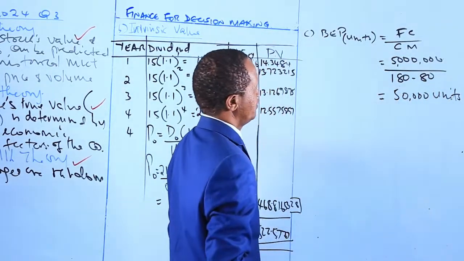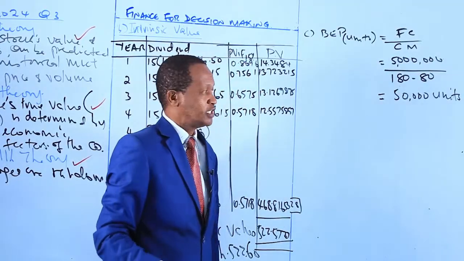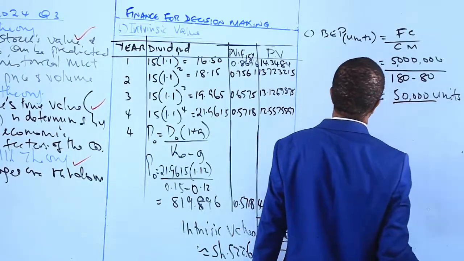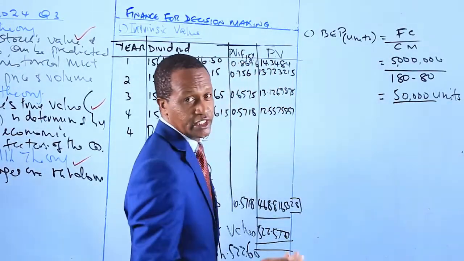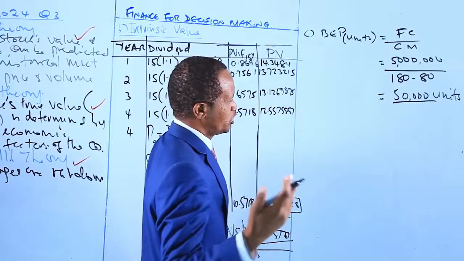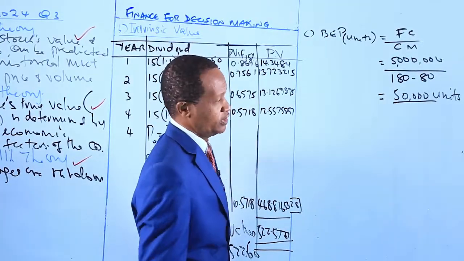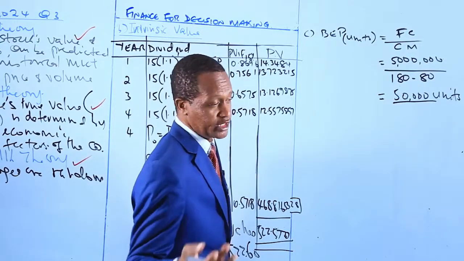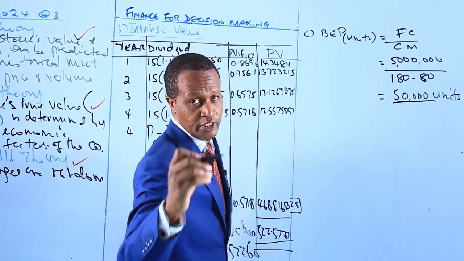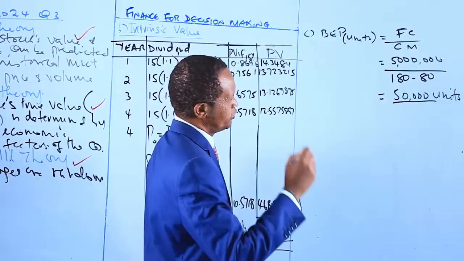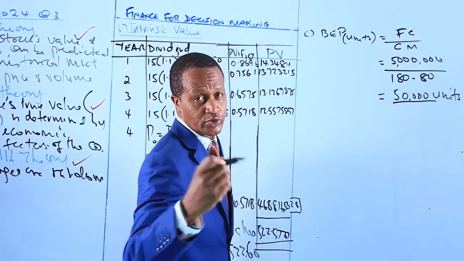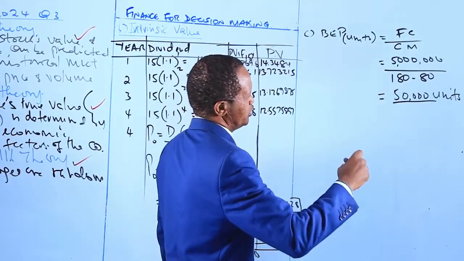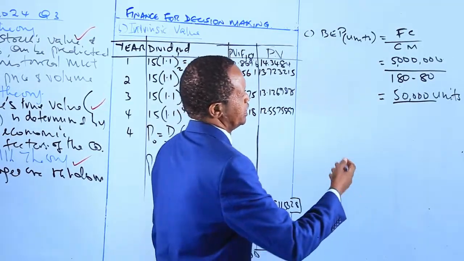Now, this is the break-even point in units. That means that if the company produces 50,000 units, the company will not make any profit, because at break-even point, profit is equal to 0, which means that the total cost equals the total revenue. We know profit is equal to total revenue minus total cost, which will be equal to 0.